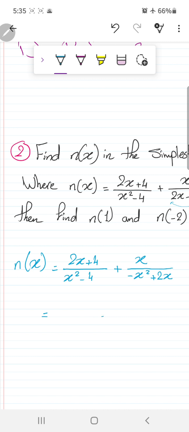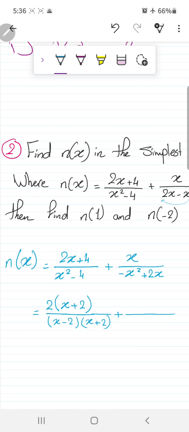Factorize. Here we have 2 as a common factor. So take 2 as a common factor, it will be x plus 4 divided by 2, x plus 2. Here we have difference between two squares. So x minus 2 and x plus 2, plus, write x as it is. And from the denominator, take negative x as a common factor.